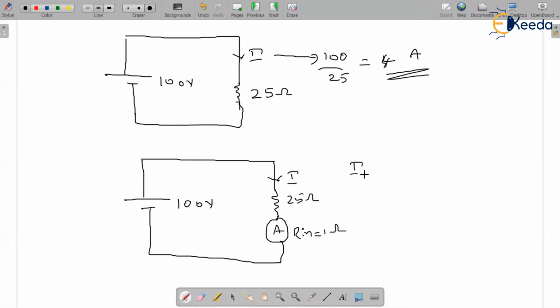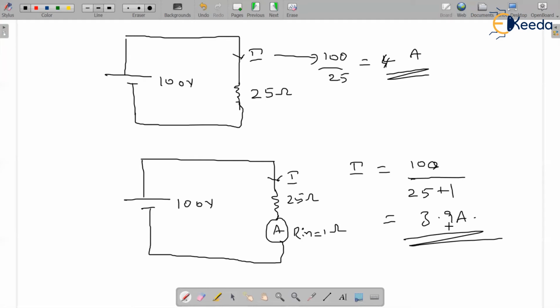Therefore, I is equal to 100 by 25 plus 1, which is 3.9 amps.